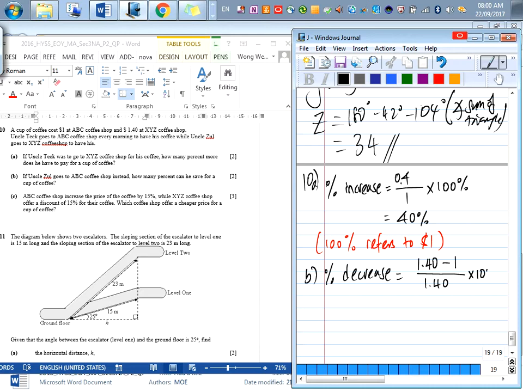Then you multiply this by 100%. Okay, so let's take a look whether this gives me 40% or not. Then actually it doesn't. It gives me 28.571%. So this is approximately 28.6%.